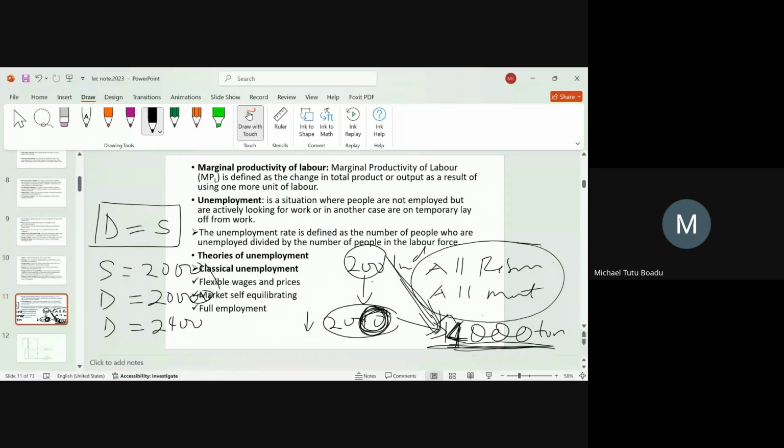The system will readjust to self-correct. How is that going to happen? Once demand is greater than supply, it is going to force price to go up. If price rises, it means that I, as rational as I am, should be reducing the quantity that I have to buy.